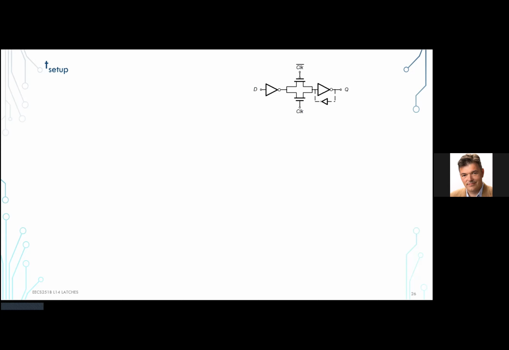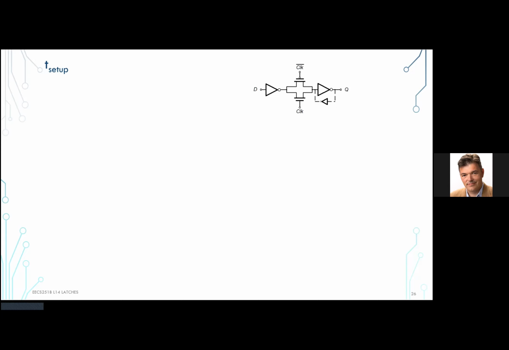We'll talk about setup time in a second. Essentially, you are prioritizing which input matters here. Usually, people will put clock as the last arriving signal next to the out. We'll take a look at the setup time in a second.